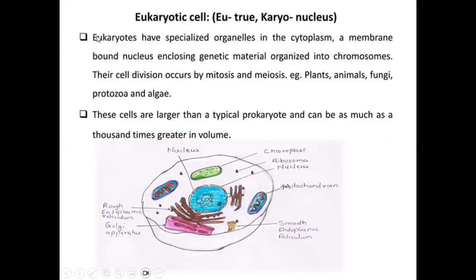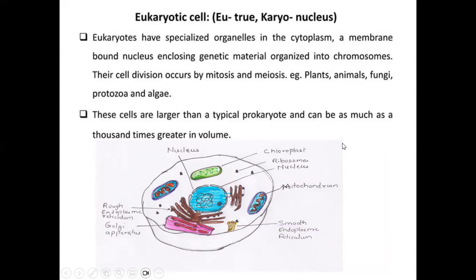Next, coming to the structure of a eukaryotic cell. Eukaryotes have specialized organelles in the cytoplasm, such as a well-defined nucleus, rough endoplasmic reticulum, Golgi apparatus, smooth endoplasmic reticulum, chloroplast, mitochondria, ribosomes, and other organelles such as lysosomes, etc. The size of a eukaryotic cell is much larger compared to that of a typical prokaryotic cell.